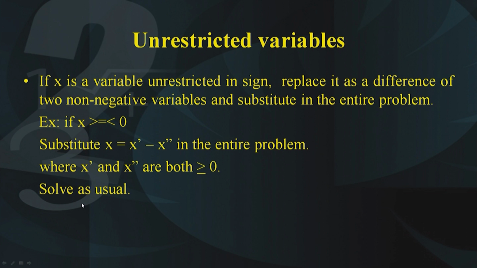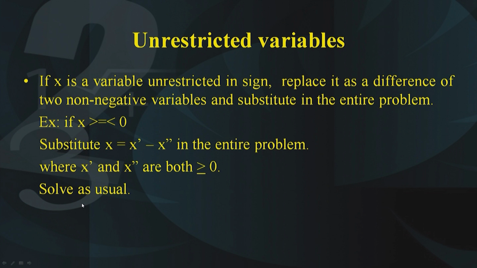So, if there is a variable x which is unrestricted in sign, then the trick that has to be applied is to represent it as the difference of 2 variables which are both positive.